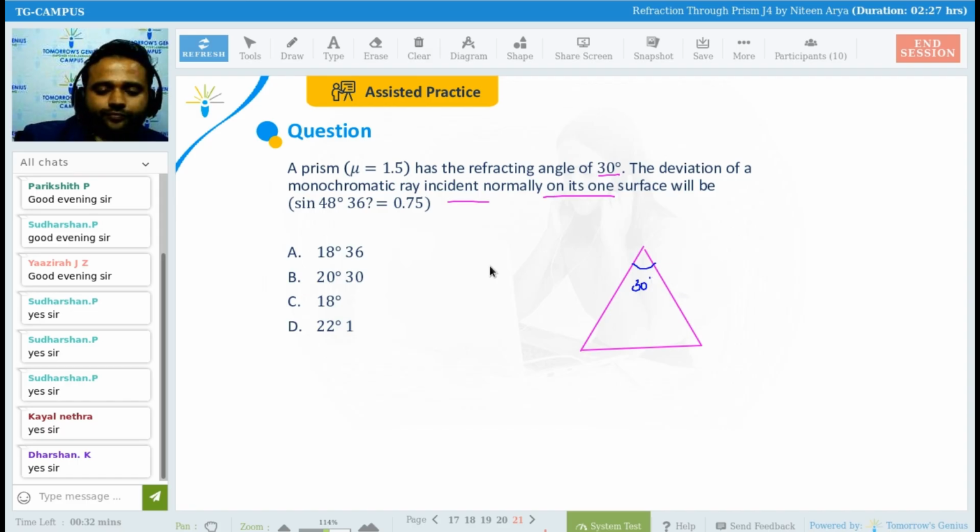If I draw, this is my normal. So on the one surface the light is incident normally. I can draw the normal light, something like this scenario.